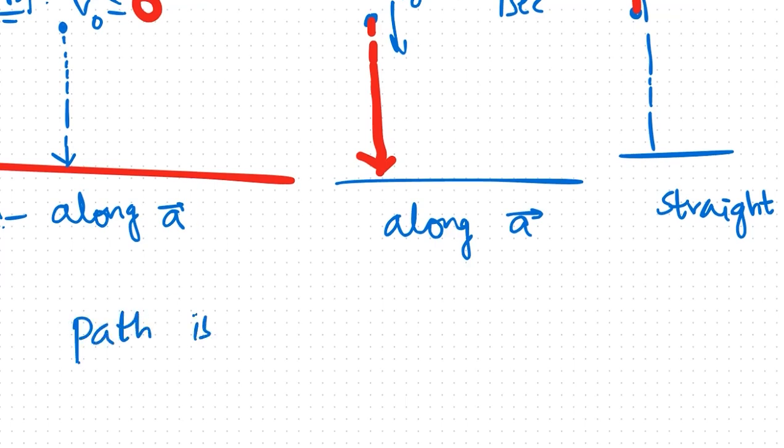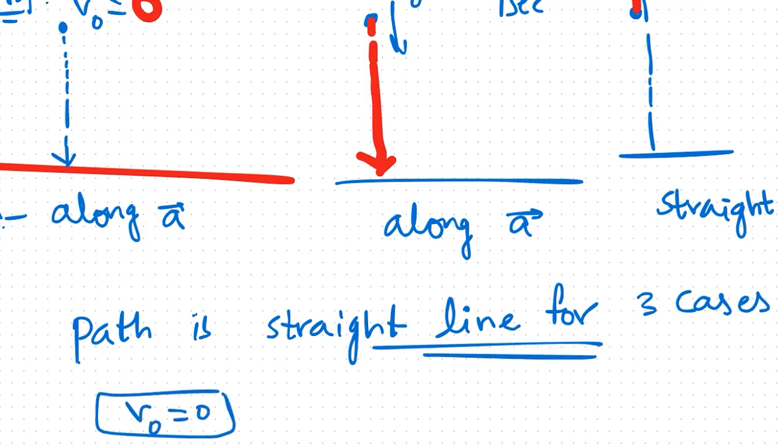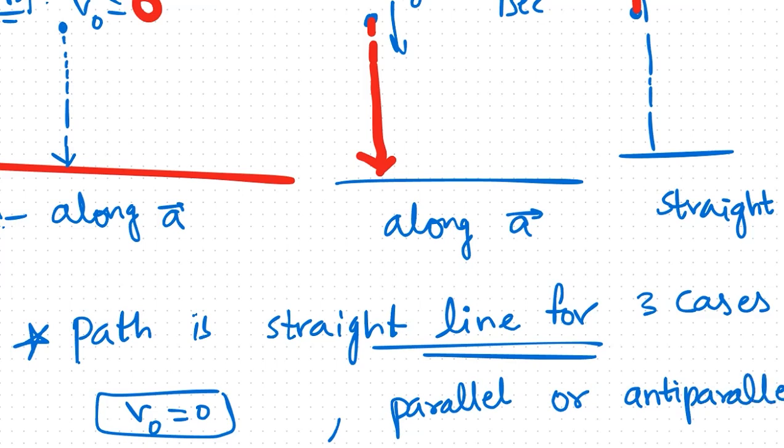Path is a straight line for three cases. One is v0 is 0, initial velocity is 0. Second thing is v0 parallel or anti-parallel to acceleration.